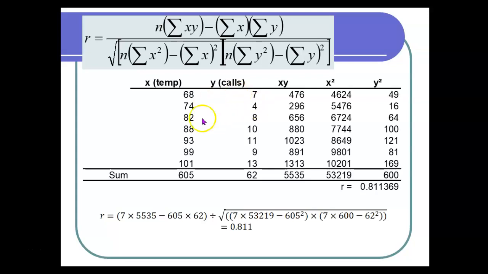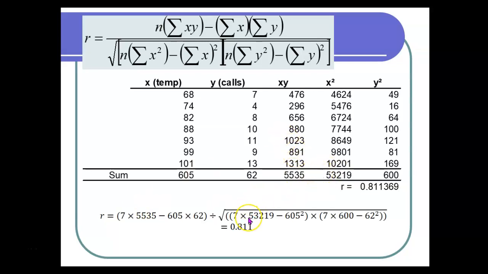So for each of these 7 pairs of numbers, we've got a number for X times Y and a number for X squared and a number for Y squared. And then all of those columns got added up. All 7 of those X's add up to 605. All 7 of the Y's add up to 62. All 7 of the XY's add up to 5,535, and so on.